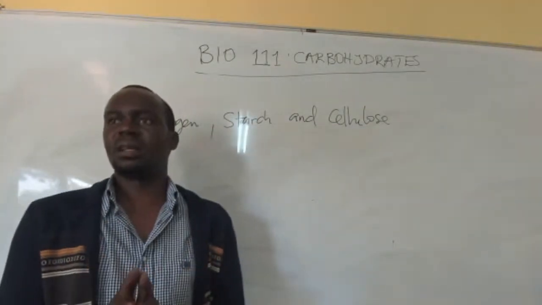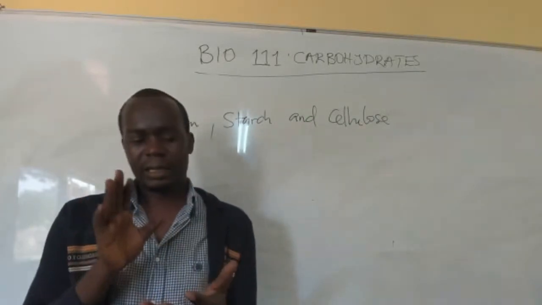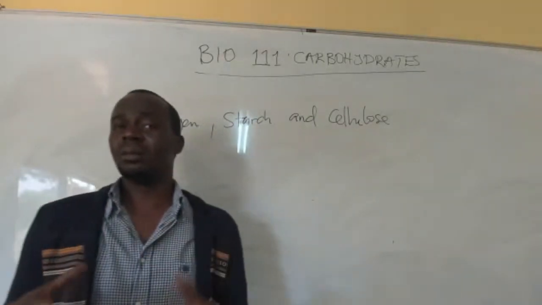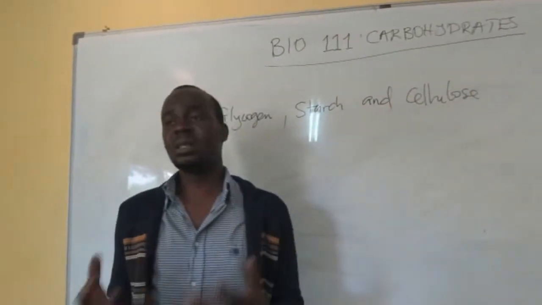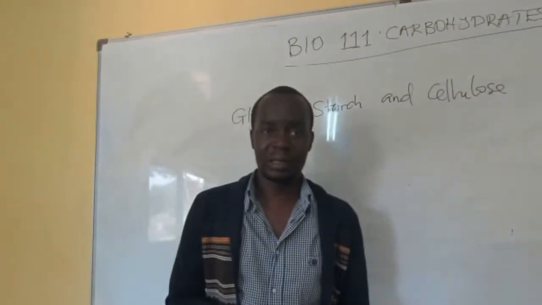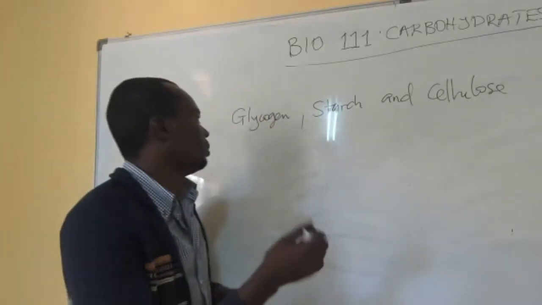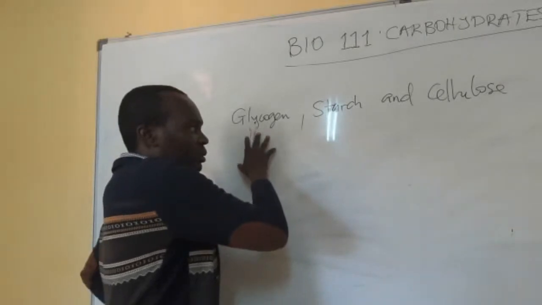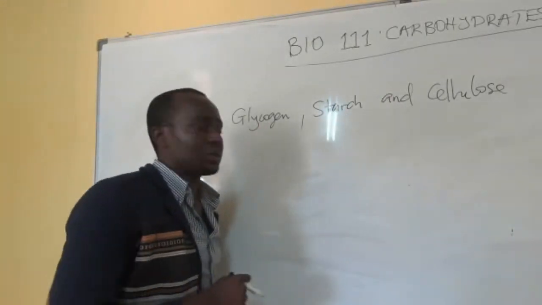Mostly the disaccharides have a sweet taste, and they are used as sweeteners. On the other hand, when you look at polysaccharides, you need to know the difference between glycogen, starch, and cellulose.